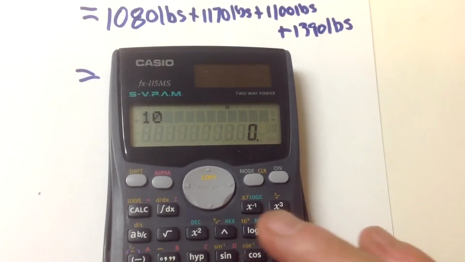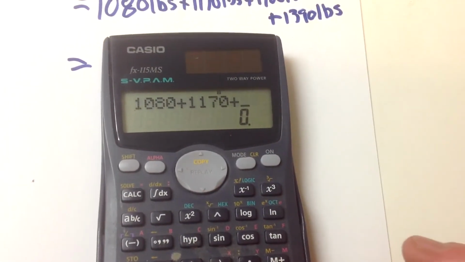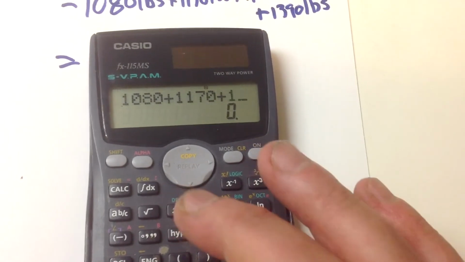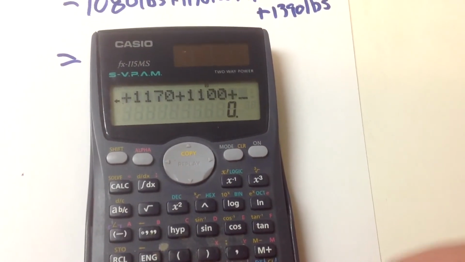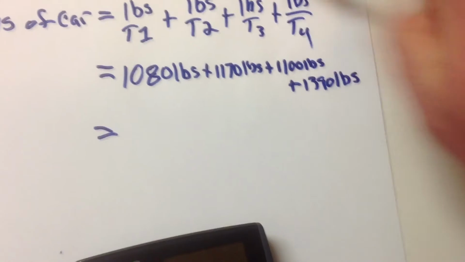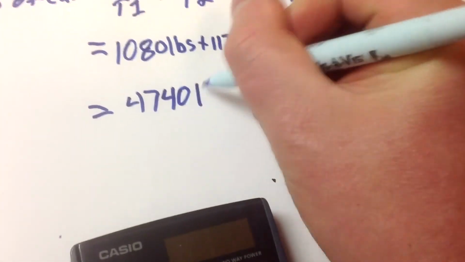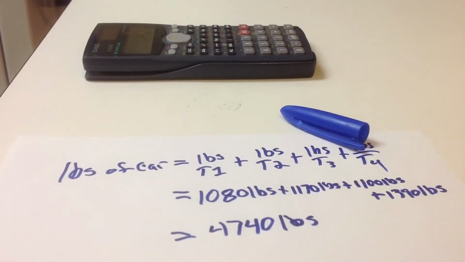So you can see that I'm actually doing this on my calculator. 1080 plus 1170 plus 1100 plus 1390. Okay, so I come up with 4,740 pounds.